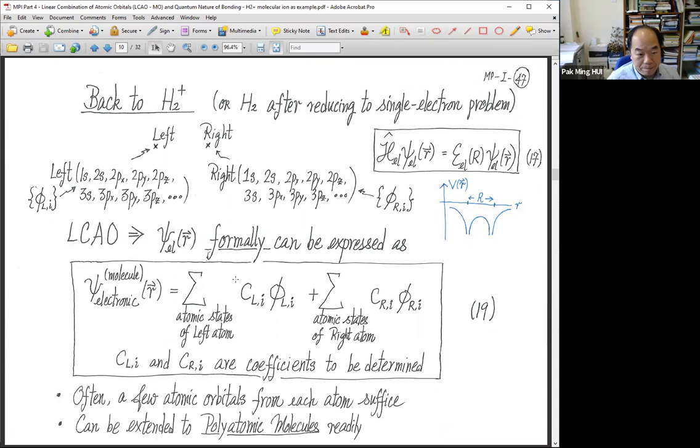We play the same game. We have a left hydrogen, we have a right hydrogen. Hydrogen, we know we have a lot of atomic orbitals. So formally, how about this? Hydrogen, give me all your states on the left, on the right. Okay, they center at different places.